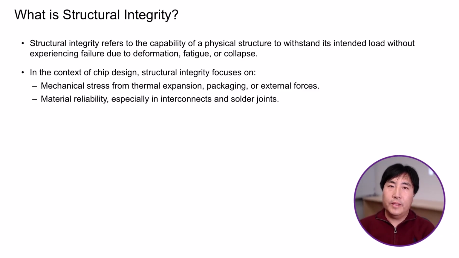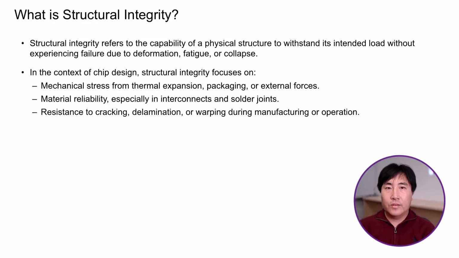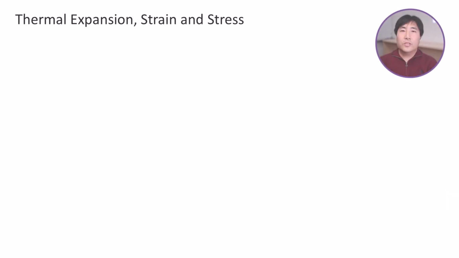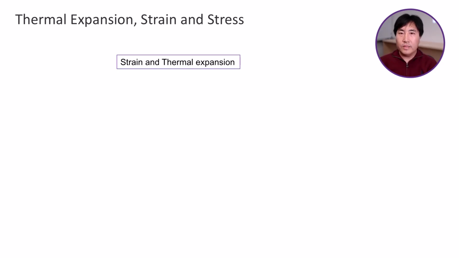The material reliability in interconnects and solder joints, the resistance to cracking, delamination, and warping during the manufacturing process or operating conditions. So temperature changes can alter the shape and size of a structure. This is called thermal-induced deformation.